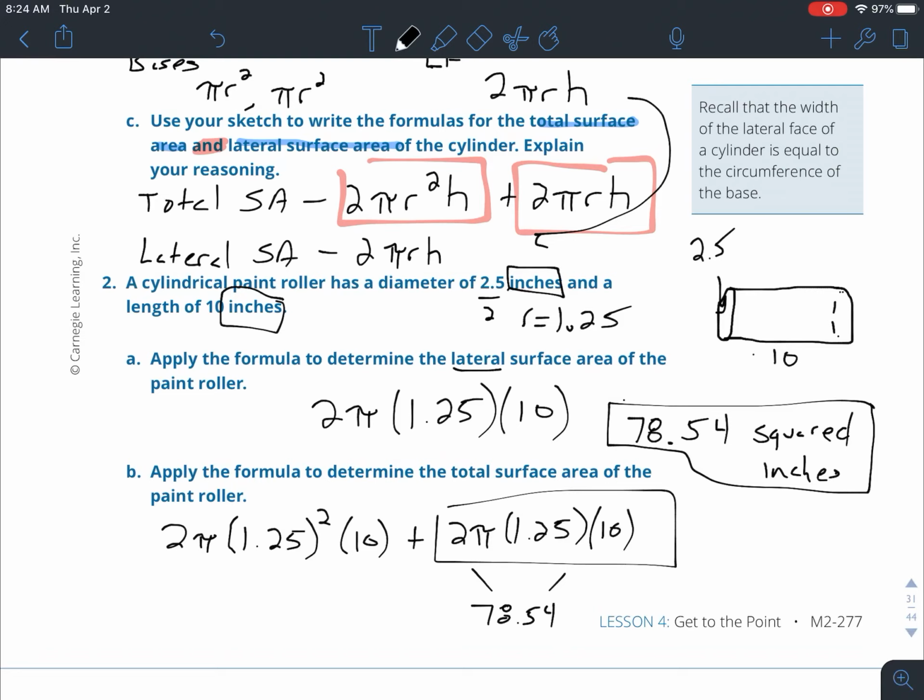So now we just do the first part in our calculator, which is, once again, 2, second, the caret key above division gives you the pi symbol, parentheses 1.25, close parentheses.